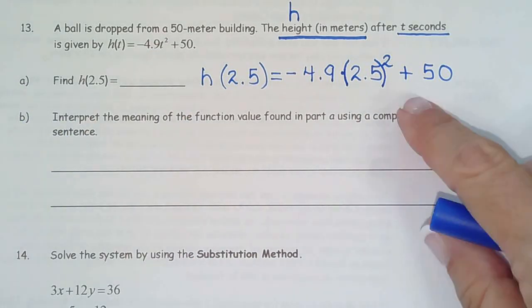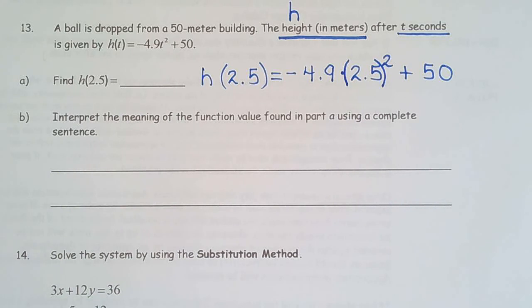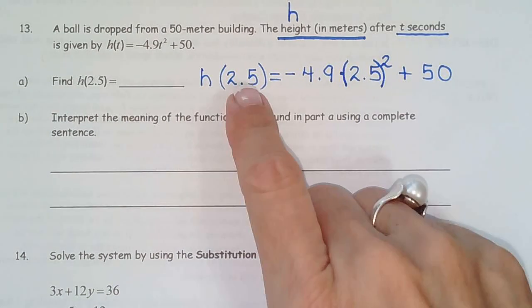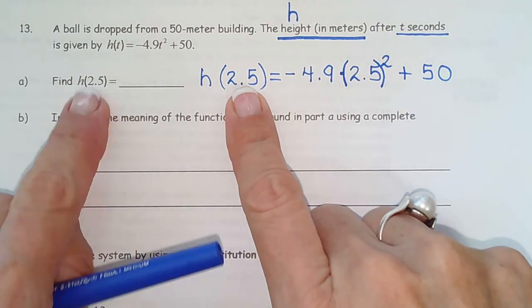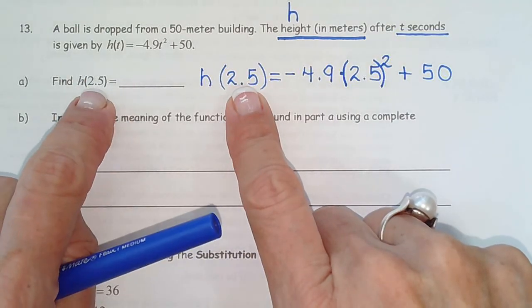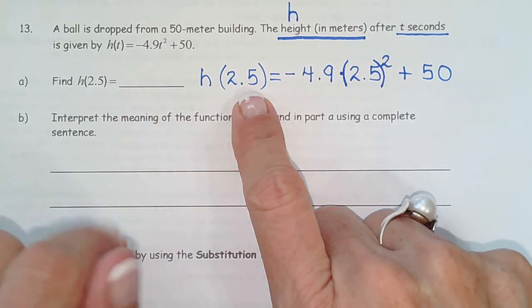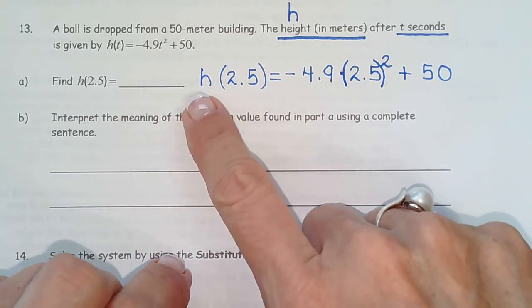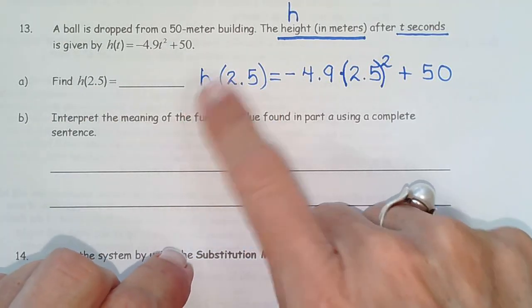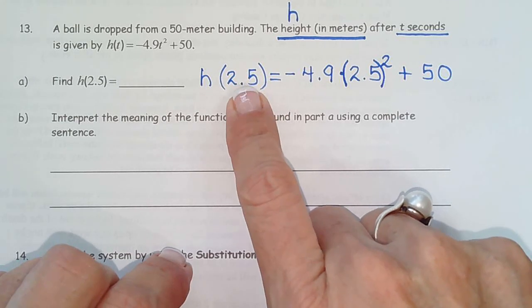So that's half your credit is writing the problem. So what they're saying is how high is the ball after, remember time, seconds, 2.5 seconds. So that's what this problem's saying. How high is the ball after 2.5 seconds?